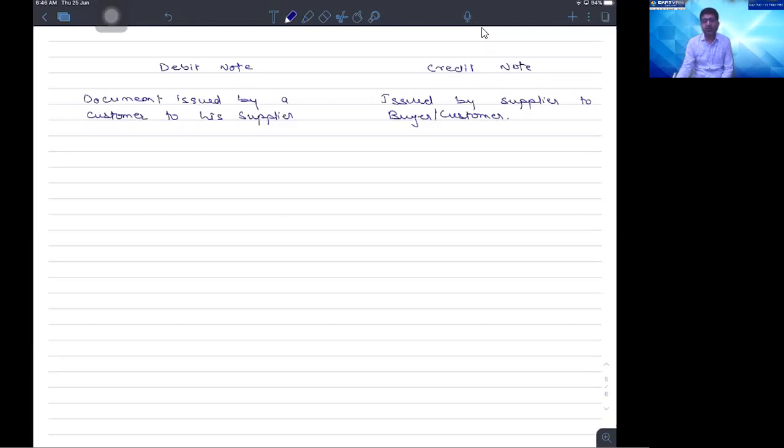That scheme discount will be adjusted through these debit notes. There can also be a situation where my supplier has charged me the lesser amount than expected. In that case, I may be issuing the credit note, but that's a very rare kind of circumstance.